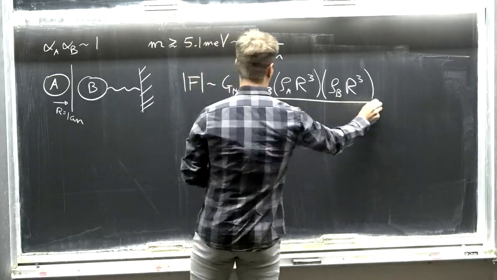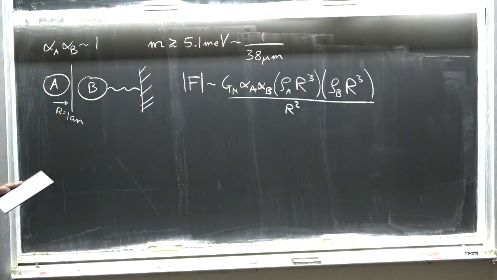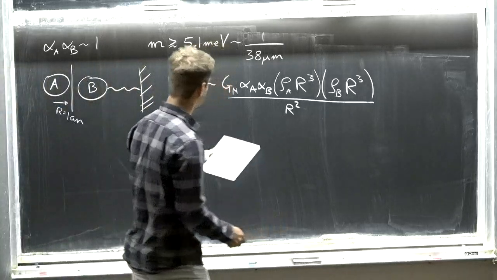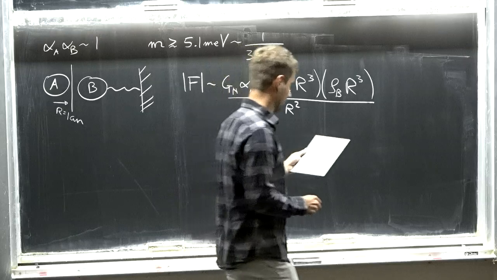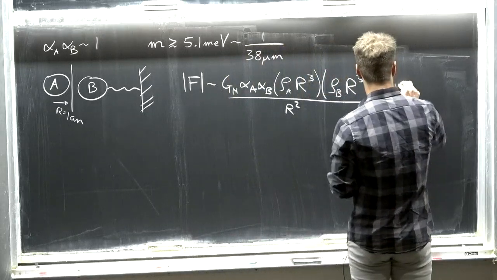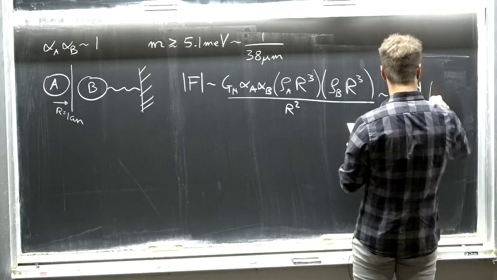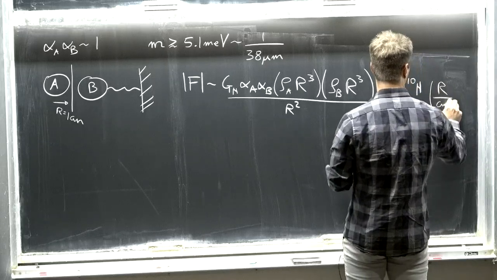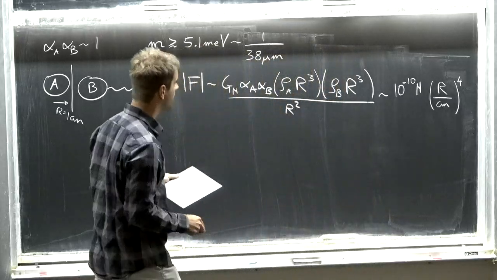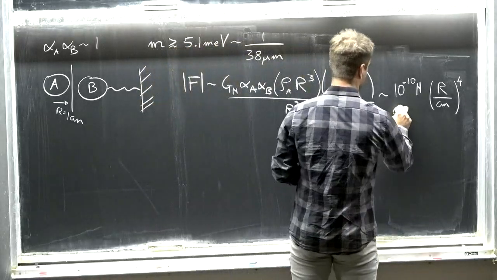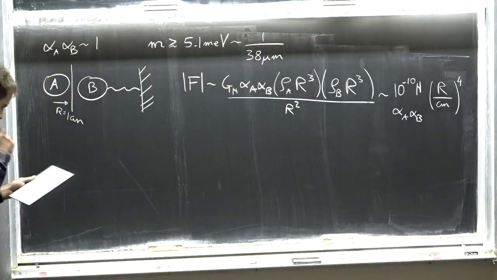And the force scales like 1 over r squared, so overall it scales like r to the 4th. Just for reference, this is about 10 to the minus 10 newtons for a radius of about 1 centimeter and both of these alphas order 1. Okay, so it's a very small force.